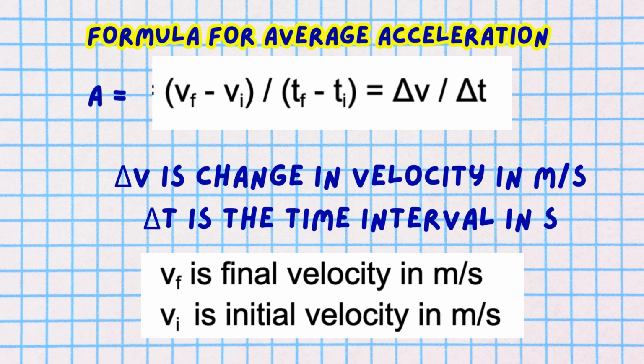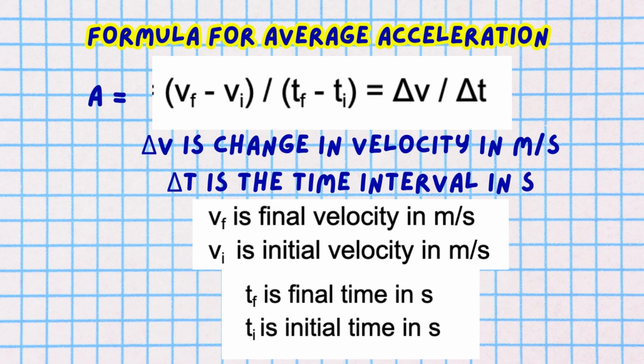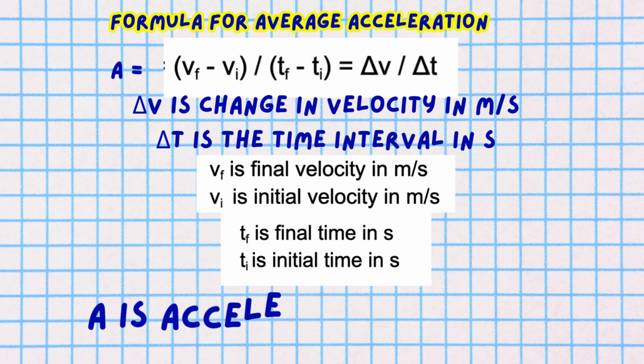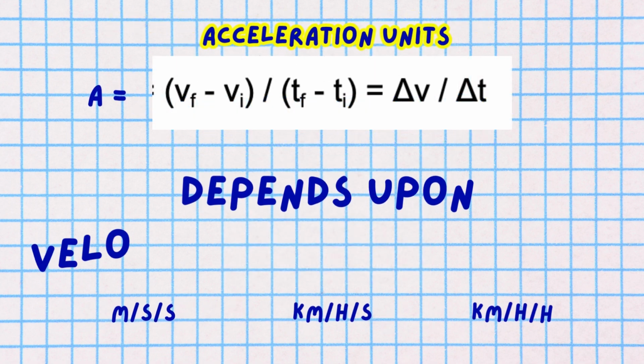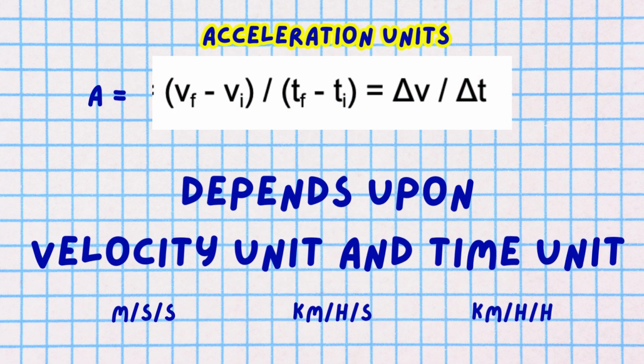The Vf and Vi are in meters per second, and Tf and Ti are the final and initial times in seconds. So therefore, the acceleration is in meters per second squared, since velocity is in meters per second and time is in seconds. So therefore, the unit for acceleration depends upon the velocity unit and the time unit.